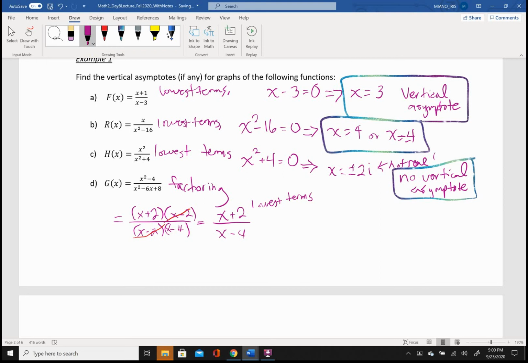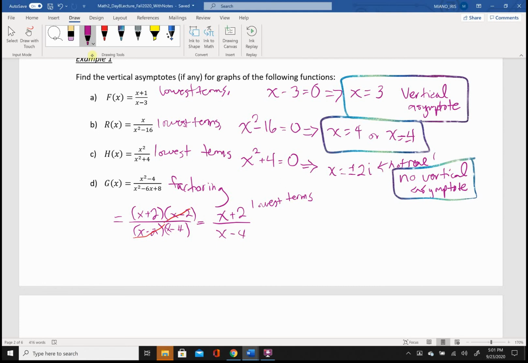Factors that occur in both the numerator and denominator of rational functions, if they are common, will eliminate what could be erroneously categorized as a vertical asymptote. If we didn't do this simplification and just factored the denominator, we'd say, oh cool, there are two zeros in that polynomial at 2 and 4, and you would erroneously say that there are two vertical asymptotes at x equals 2 and x equals 4, and that is not the case.